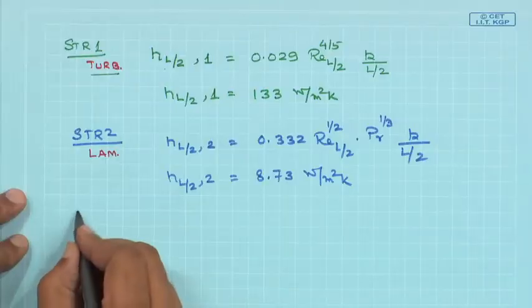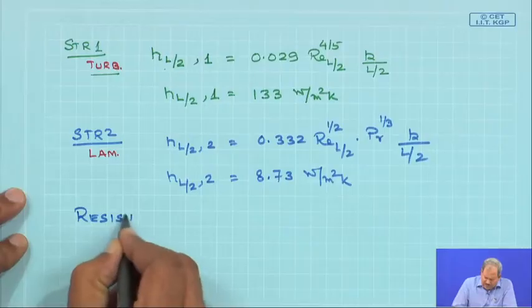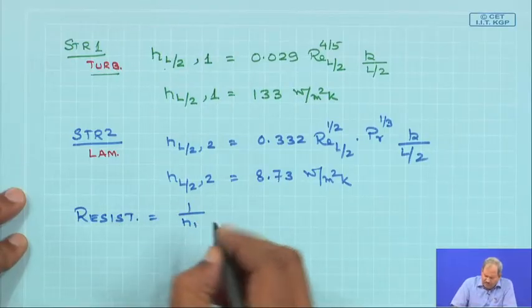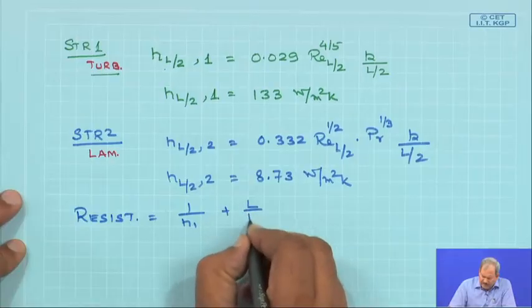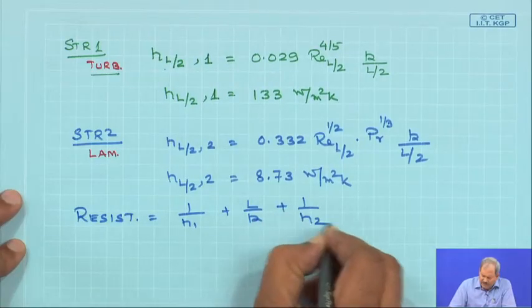The second is the convective resistance below the plate, 1 by H2, and the third is the resistance corresponding to the solid plate itself, which is the conduction resistance and which is given by L by K. Since I am expressing everything in terms of flux, I am using L by K. So, the three resistances in series give the total resistance 1 by H1 plus L by K plus 1 by H2.